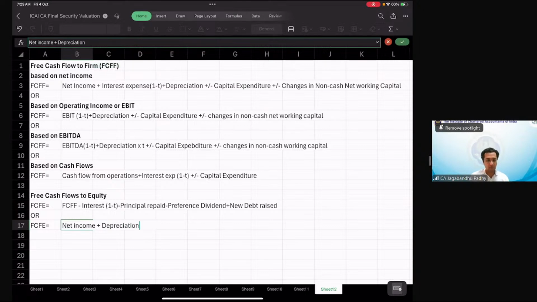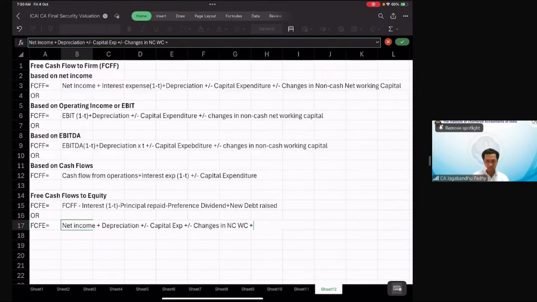Right? And then after that, we have the changes in working capital. So we can say this plus or minus capital expenditure, again plus or minus changes in non-cash working capital, correct? So this FCFF component is taken care of.